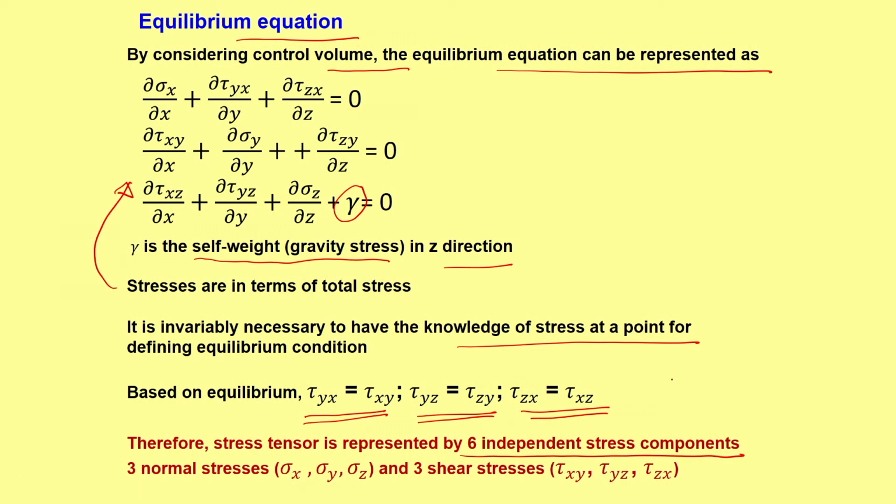Just because of this condition, we have 6 independent stress components, and they are 3 normal stresses sigma x, sigma y, sigma z, and 3 shear stresses tau xy, tau yz and tau zx, where tau xy is equal to tau yx. So, that is how it boils down to 6 independent stress components.